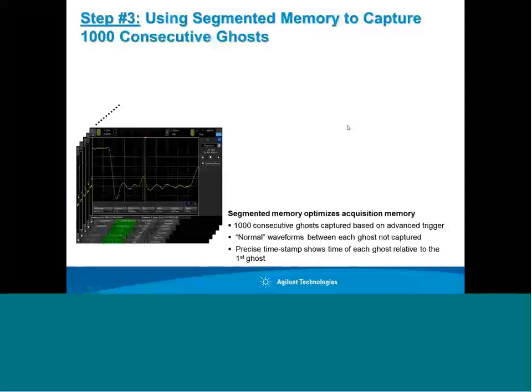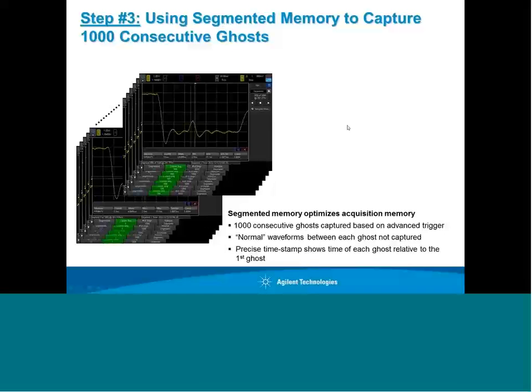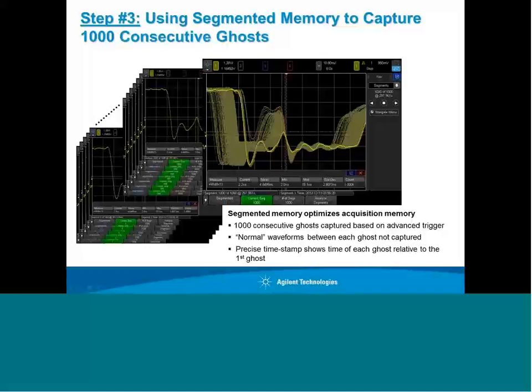And then using segmented memory, we could capture 1,000 consecutive occurrences. And then I'm able to go back and review each occurrence, as well as view the time of each occurrence relative to the very first occurrence, the first glitch it captured. In this particular example, we captured 1,000 events over nearly a 300-second time span.